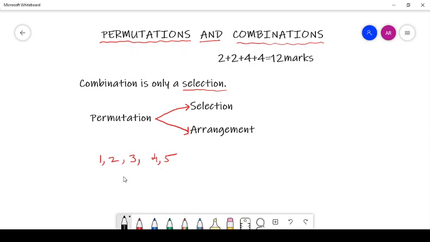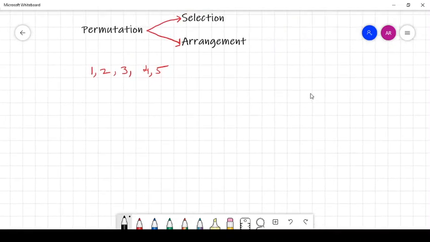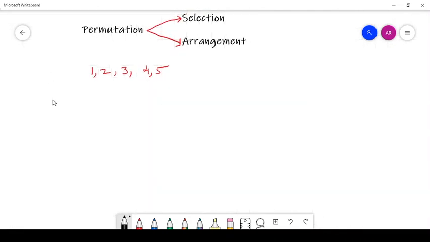That means selecting 3 digits. Selecting any 3 digits, for example 145, is the first step.